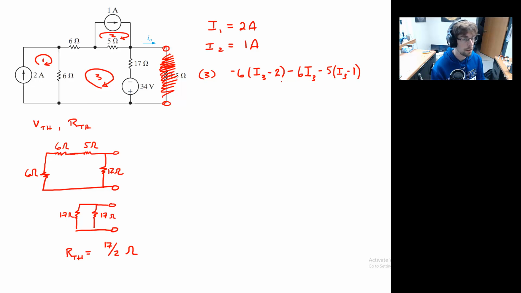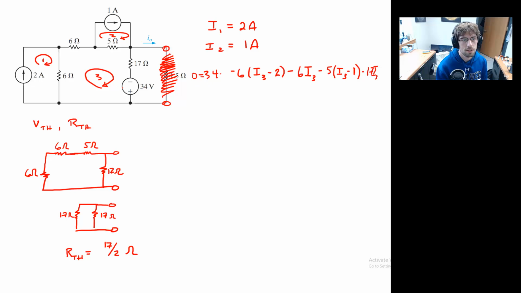Why did I decide to do it that way? I don't know. And then we have minus 17 I3. And then last but not least, a jump of 34. Let's put 34 here. And that whole rigmarole equals 0. Sorry, I ran out of space.